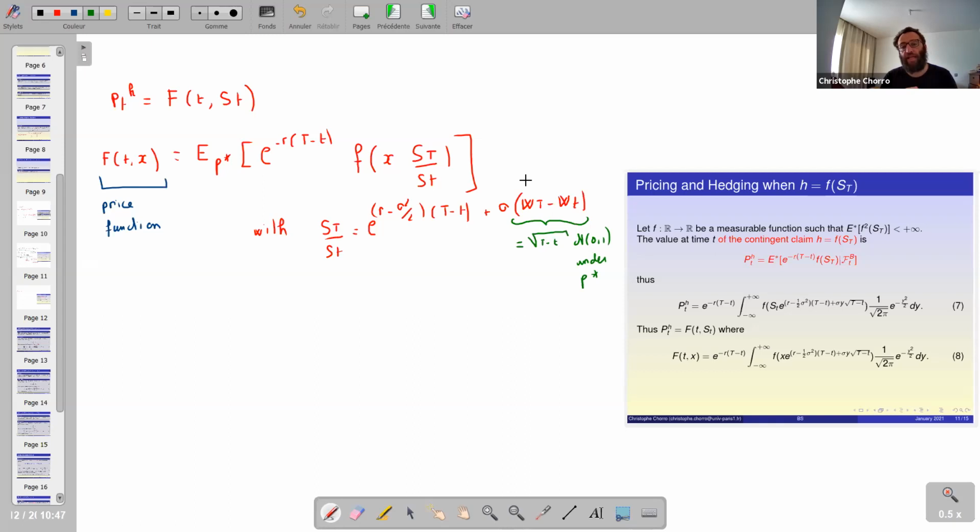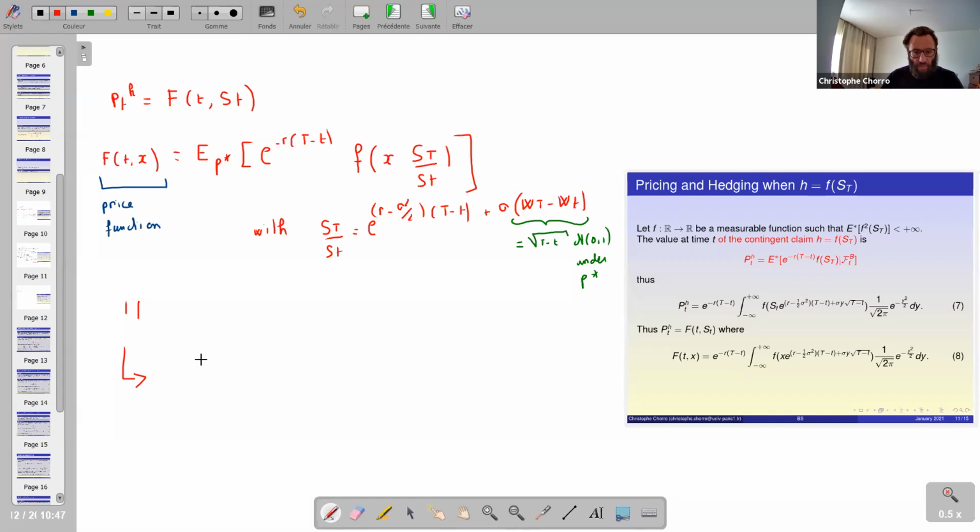It means that I can express this expectation now as an integral.